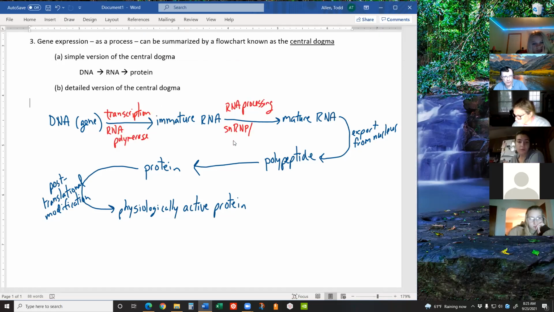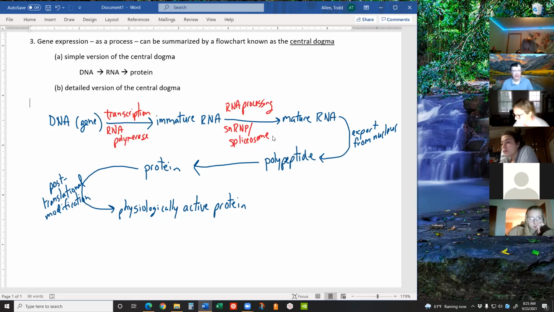Sometimes it's simply called the spliceosome. Okay, so RNA processing is achieved through a machine called the SNRP. Okay, each of these steps we're going to focus on a little bit more detail in just a moment, but I'm just giving you the overview in the detailed version of the central dogma pathway.